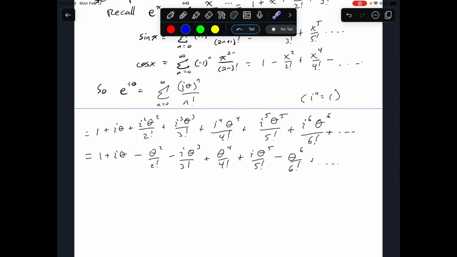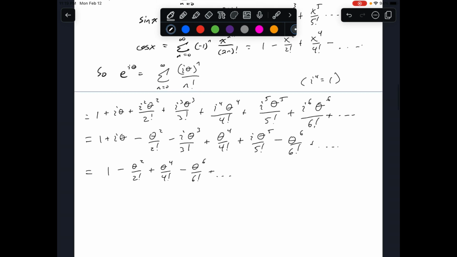We're going to separate them out, so we're going to rearrange the terms of the series here. We're going to take the even terms and the odd terms and then separate them. So this is 1 minus theta squared over 2 factorial plus theta to the fourth over 4 factorial, and then minus theta to the sixth over 6 factorial, plus so on and so forth.